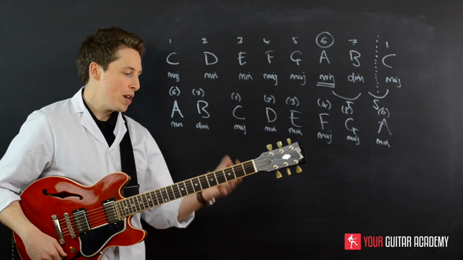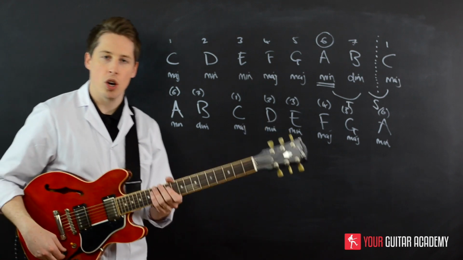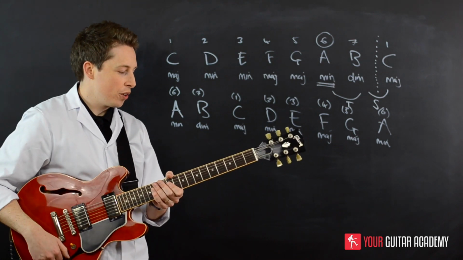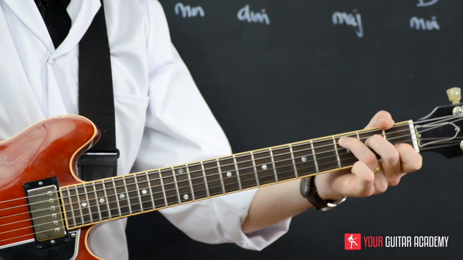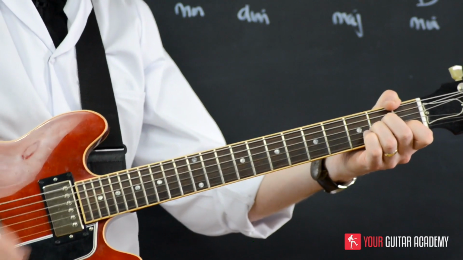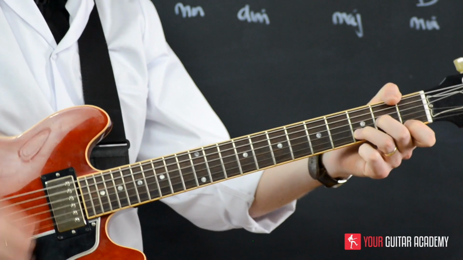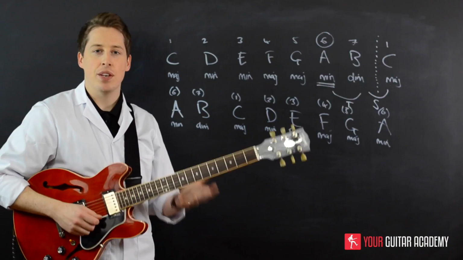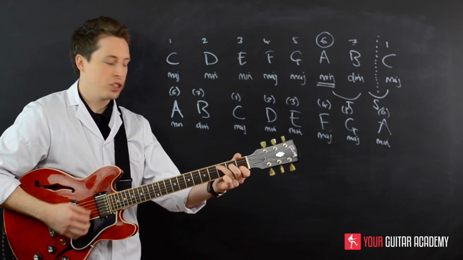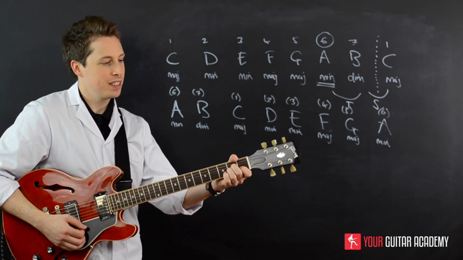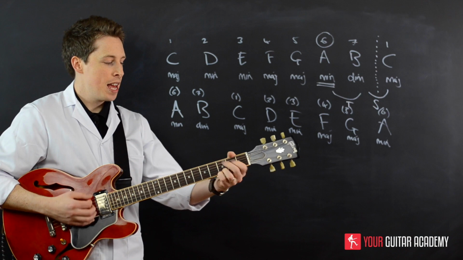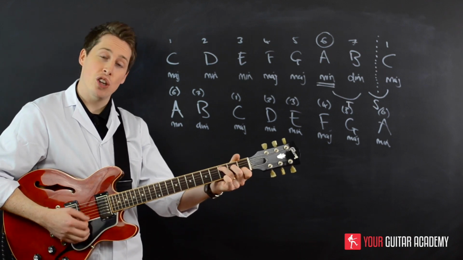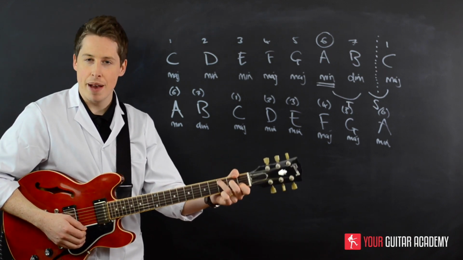So when you're learning a song, you're listening to a song, and you're saying, oh, this song goes from C to A minor to D minor to G. I'd probably say that's in the key of C major, because you're starting and ending on C. There is an A minor in it, there's a D minor in it, but fundamentally it starts and ends on C. So that's in the key of C major.